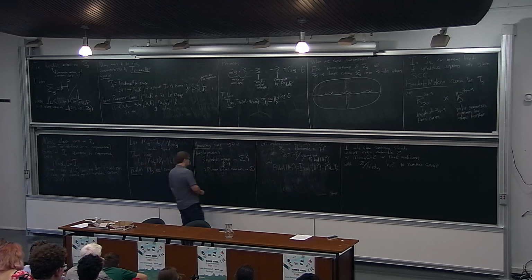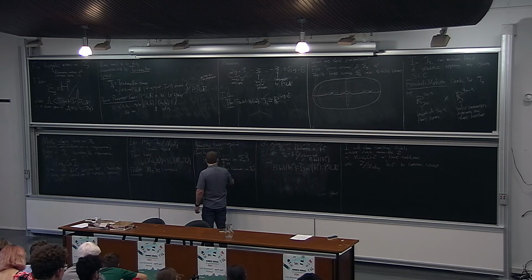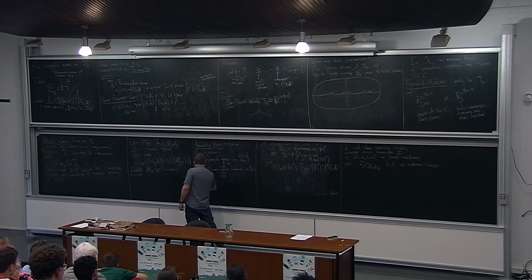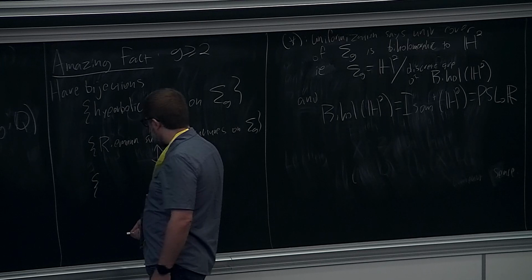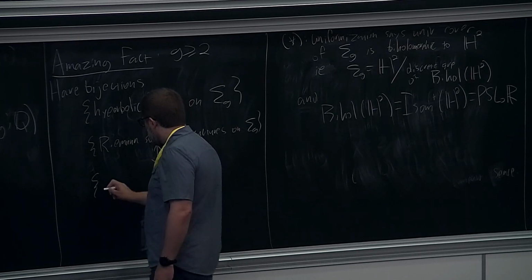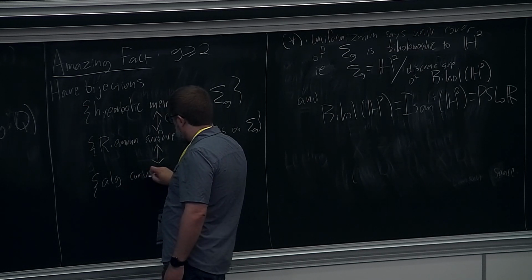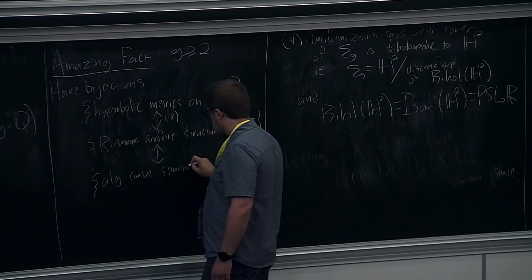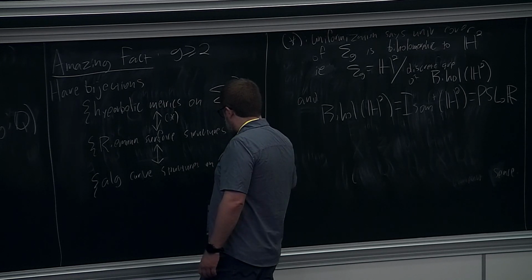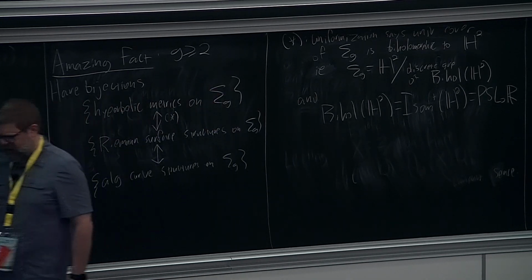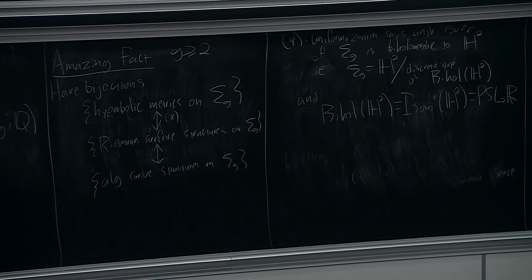But then something that's almost even more amazing is that this is the same thing as algebraic curve structures on sigma g. Algebraic curve in this case means you take a one-dimensional smooth projective variety inside some projective space that is diffeomorphic to our surface, right?